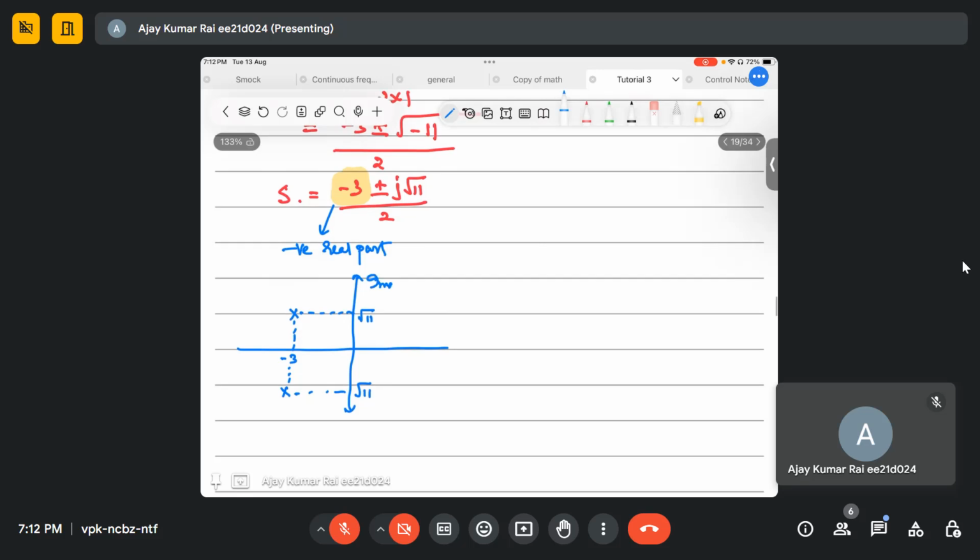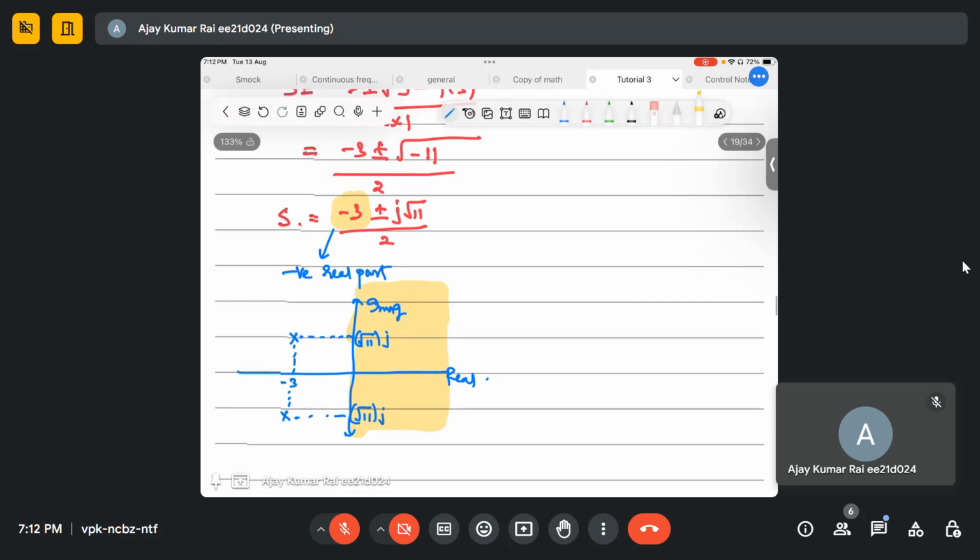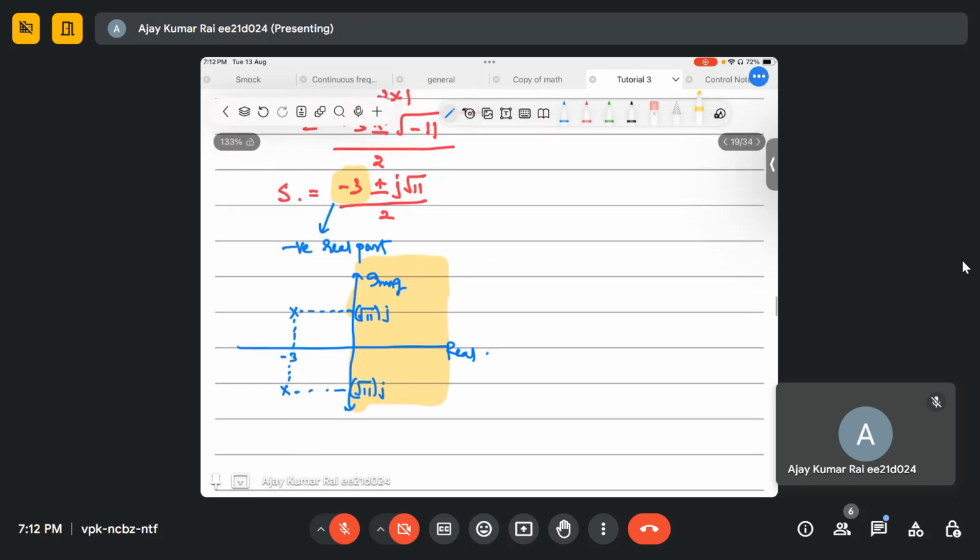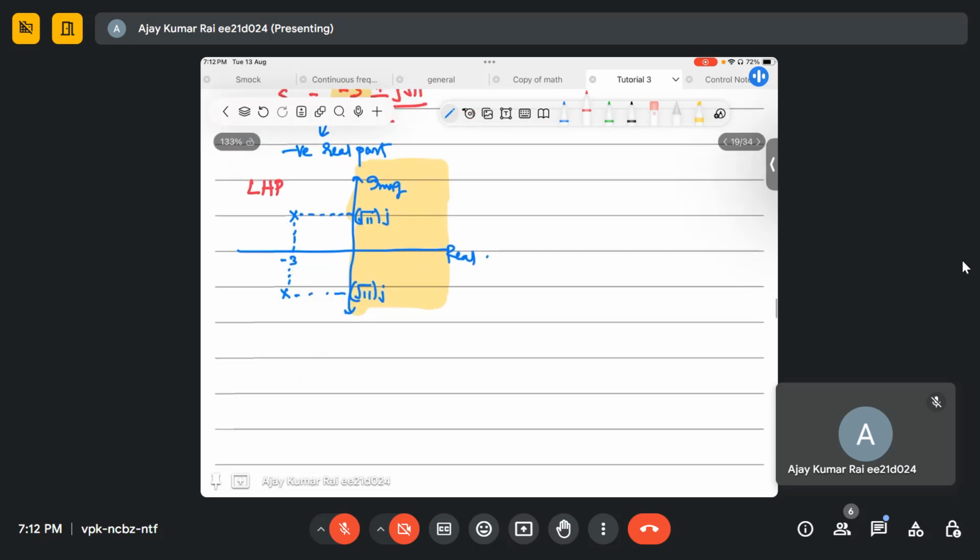This is imaginary, and this is real. So our pole should not lie in this region, right? That's what we have to check for stability. And it is not lying in that region; it's lying in the left hand plane. So what we can say is, therefore, the system is stable.